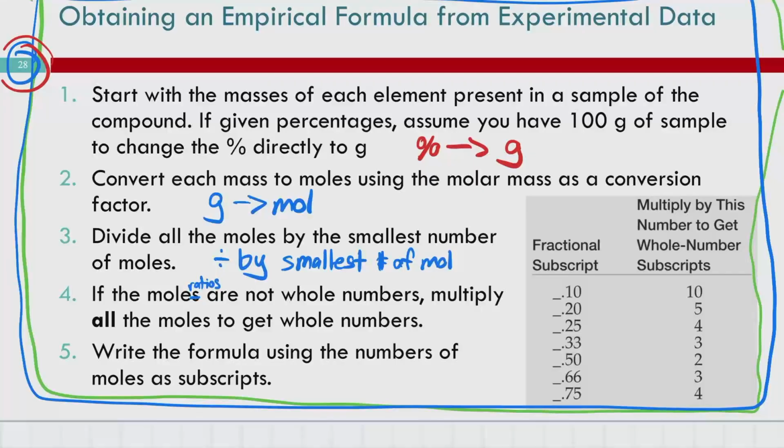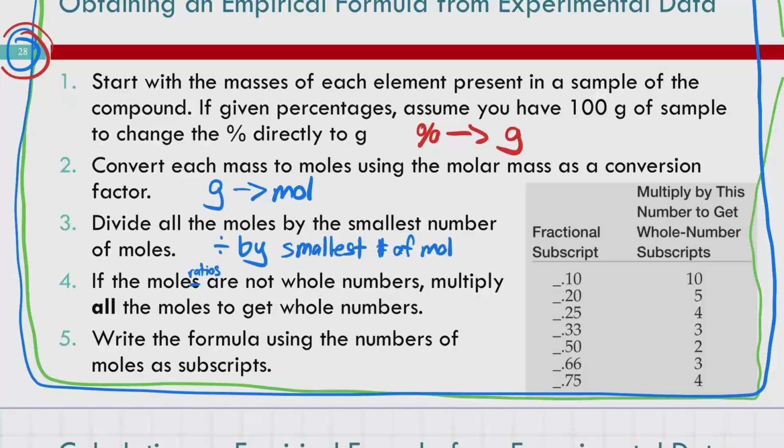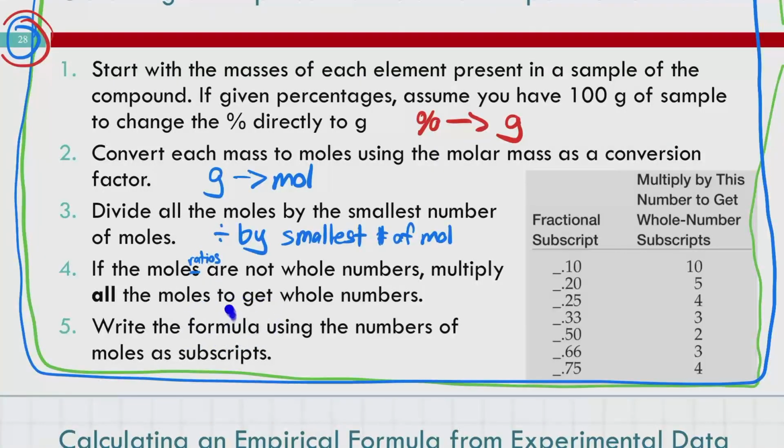Maybe not as cracked as earlier mentioned, but still, if you can take these fractional subscripts and figure out what you need to multiply them by to get a whole number, awesome, you don't need the table. Otherwise, this might be a helpful table to come back and reference. So we're going to multiply all the moles to get whole numbers, and then we're going to write the formula using the mole ratios that we got here, maybe the ones we multiplied, if we multiplied, as subscripts for each element.